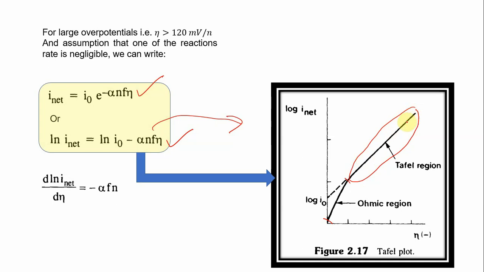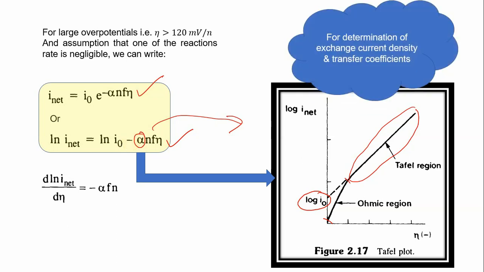If you extrapolate this linear part, you get the log of the exchange current, so you are getting the exchange current density from this plot, and then you are getting the value for the transfer coefficient. Both of these values are very important: the transfer coefficient and the exchange current density can be determined here.